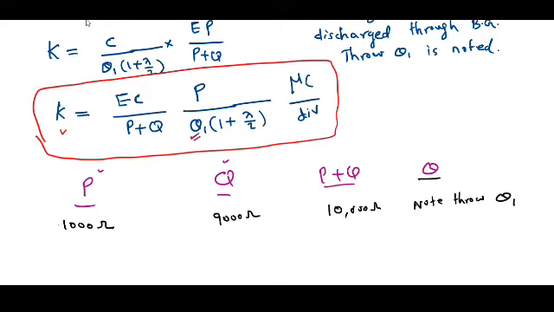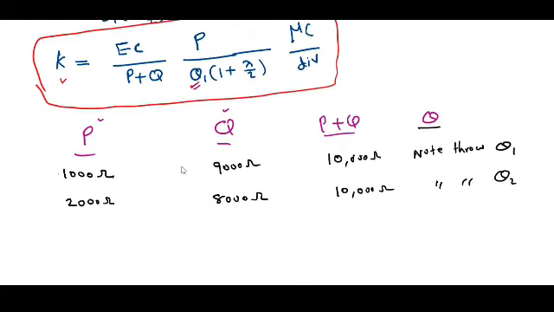If you select P as 2000 ohm and Q as 8000 ohm, then P plus Q is constant, that is 10,000, and you will note the throw theta 2. For a different combination, if I choose P equal to 3000 ohm and Q as 7000 ohm, this total will be 10,000, and the throw now is theta 3.